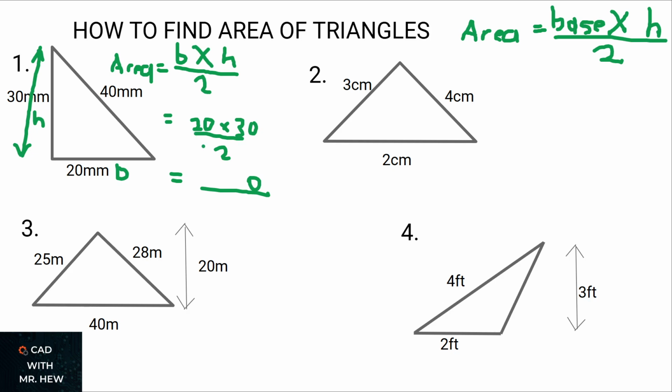And 3 times 2 is 6. So you're supposed to get 600. Then 600 divided by 2 will be equal to 300.